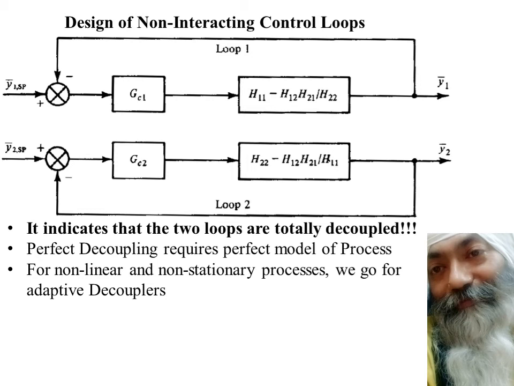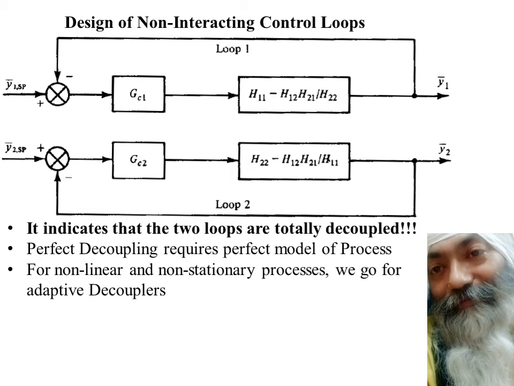With the passage of time also, the model of the system changes. So all these h11, h21, h12, these things are changing with respect to time and with respect to the operating point. In that case, even the decouplers have to adapt themselves accordingly. Decouplers have to change themselves as the values of h11 and h22 change.